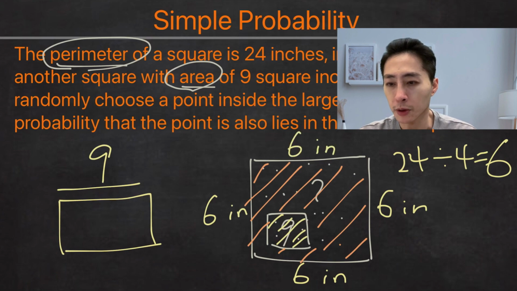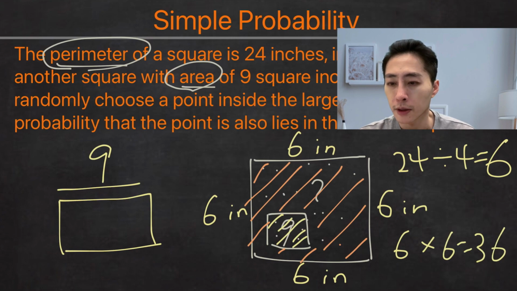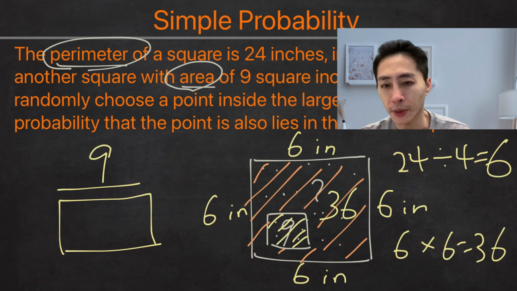And that's why the perimeter is 24. Now, what is the area of the square with sides of 6 inches? All we gotta do is take 6 times 6. That gives us 36. So that's 36 square inches. And so we can fill in the space here as 36.